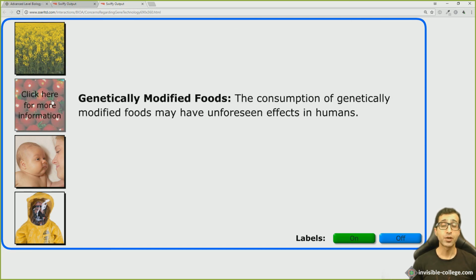There's also the concern over genetically modified foods. Now, the consumption of genetically modified foods has been shown to have unforeseen effects in humans. And so, again, there are concerns over this, particularly because there are certain countries where the political lobbies of biotech companies, for example, Monsanto, have so much power over the political process that they've actually prevented effective GMO labeling on foods.